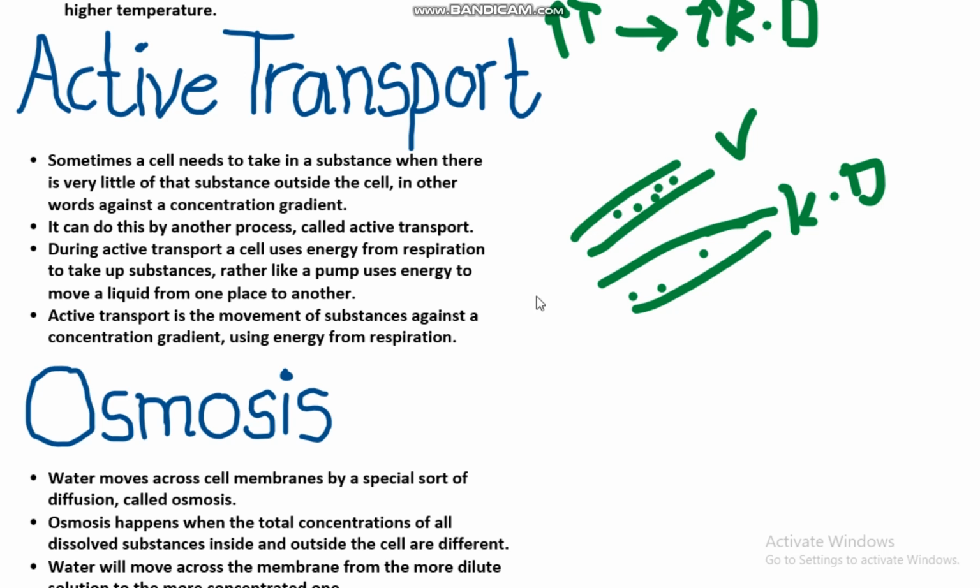The vein would use this energy from respiration to take up glucose from the kidney tubules, and the glucose will move into the blood as active transport takes place. The glucose moves against the concentration gradient, as the energy from respiration is used up to do this.